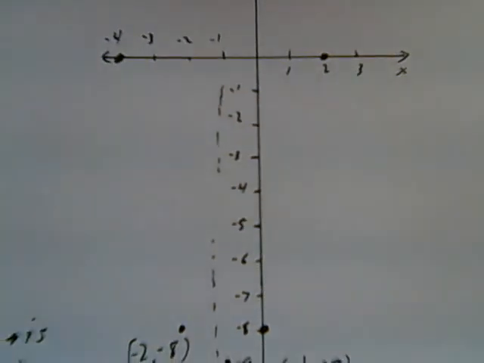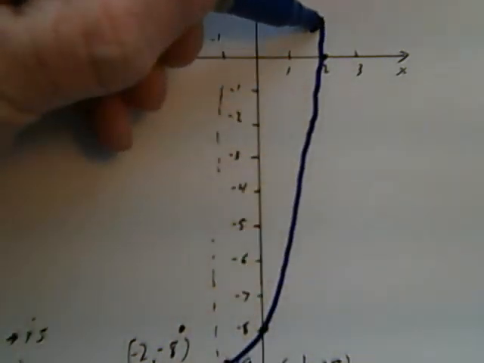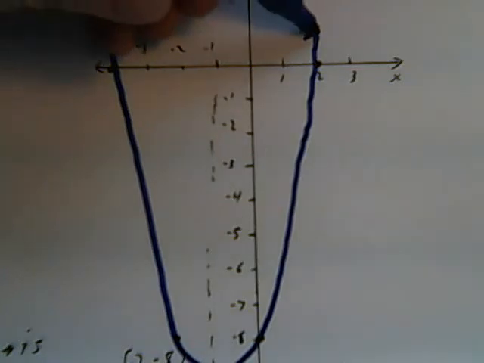Now I can just draw my parabola. So I just make a nice smooth curve. That's your nice accurate graph of y equals x squared plus 2x minus 8.